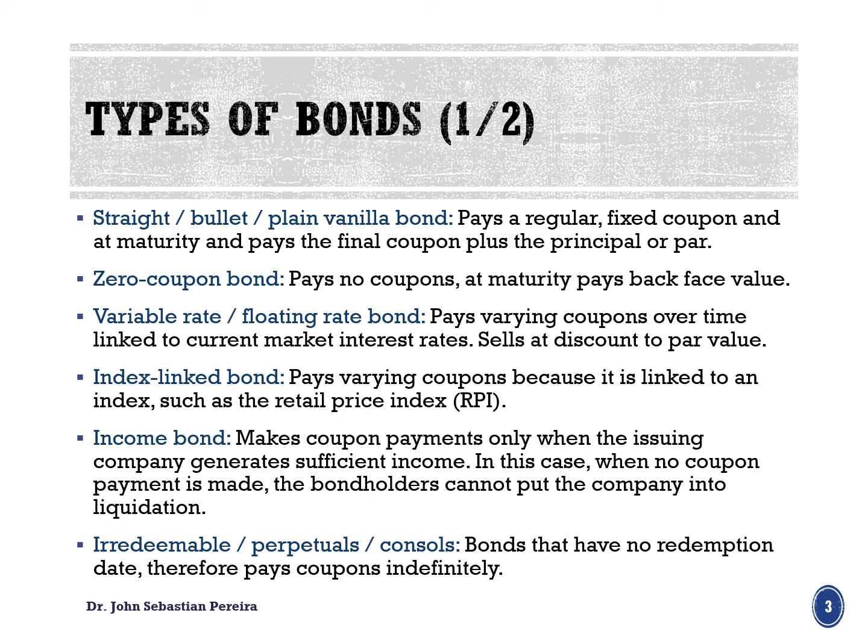Then there are irredeemables, perpetuals, or consols, which are bonds that do not have any maturity date. So they keep on paying interest indefinitely in the future. Generally, only governments can issue perpetuals, consols, or irredeemable bonds.